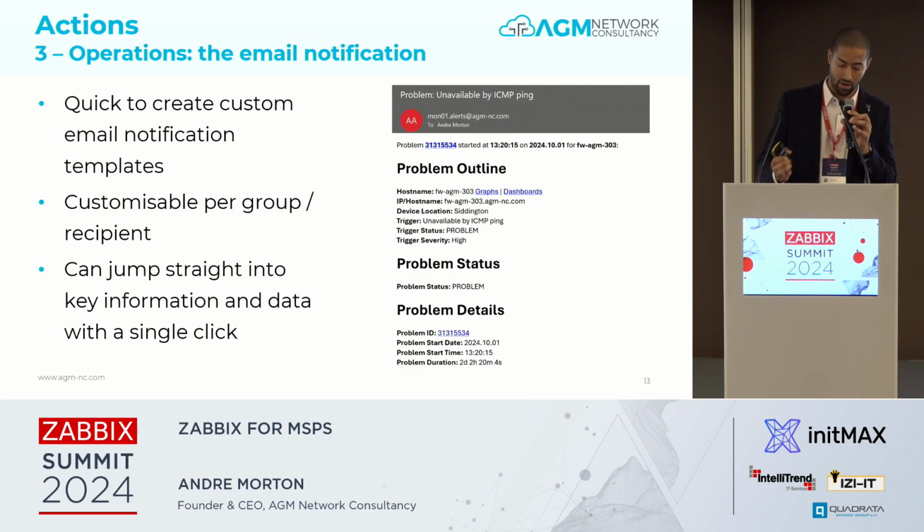You've got the graphs and dashboards for the device in particular that has the issue, and that's it. As soon as I receive that email, I can just click that, and I'm straight to the point I want to see with the device that's got the issue. And you can build one of these templates out yourself very quickly. This probably would have taken me about 10 minutes.